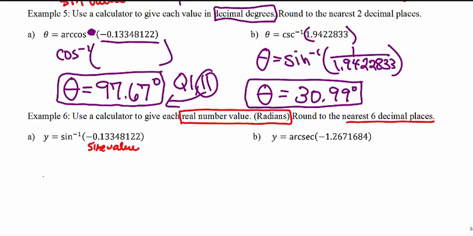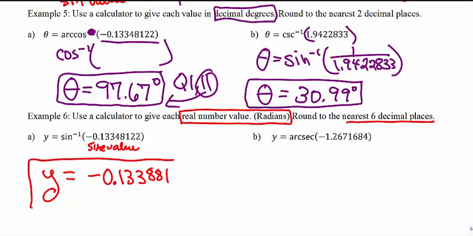Remember that we're looking for an angle. And I get negative 0.133881. So there's the angle in radians that has a sine value of negative 0.133, and so on.